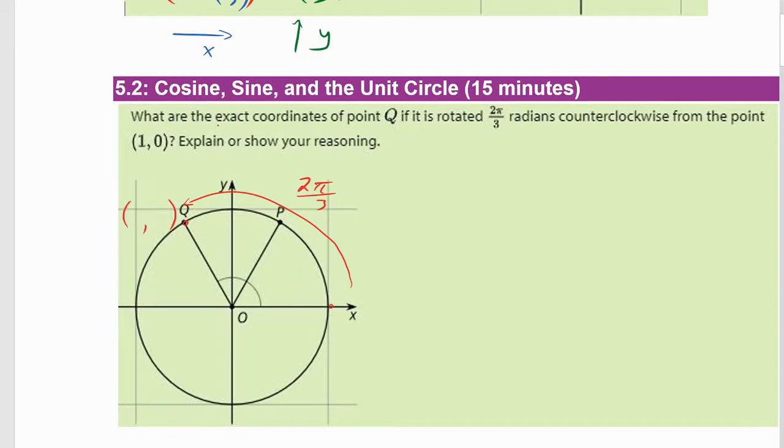And they basically are saying for the exact coordinates, okay? So you're probably going to use trig again to do that. So go ahead and try to figure that out. They do give you an interesting hint here of the coordinate P from last time, from the previous activity of 5.1 from just a couple minutes ago.